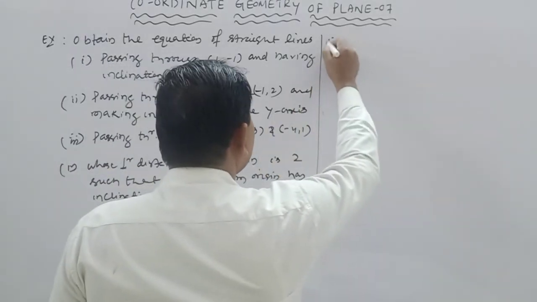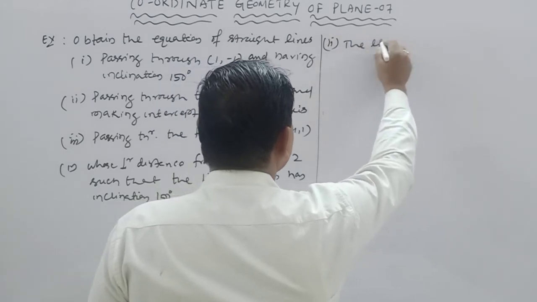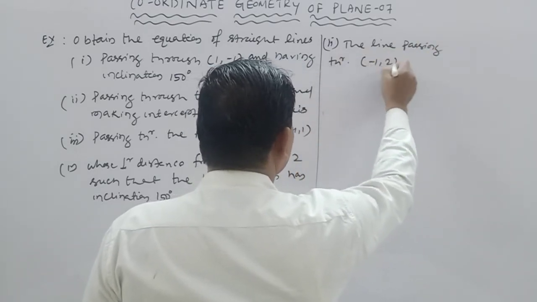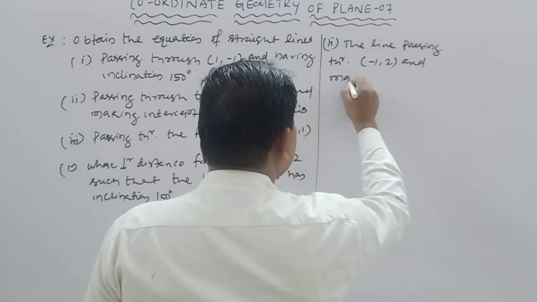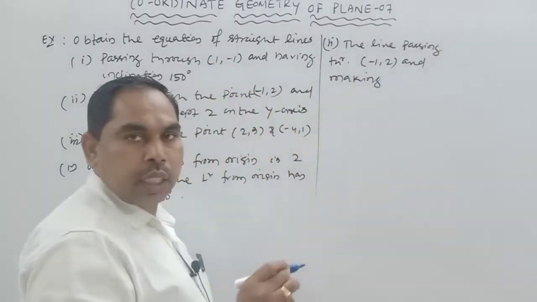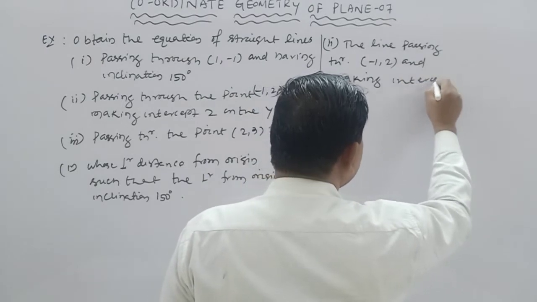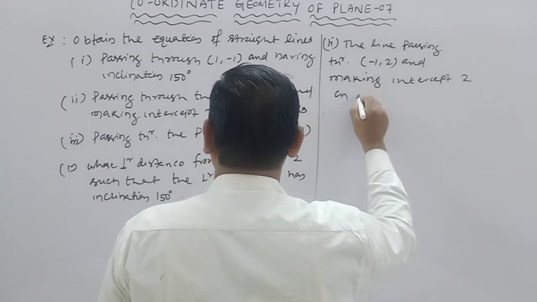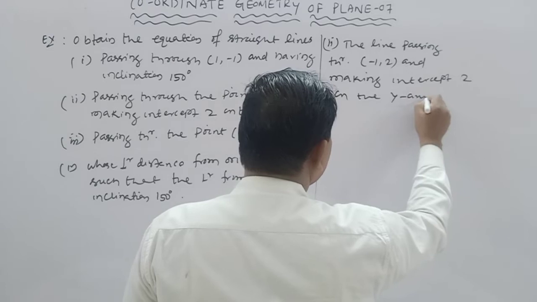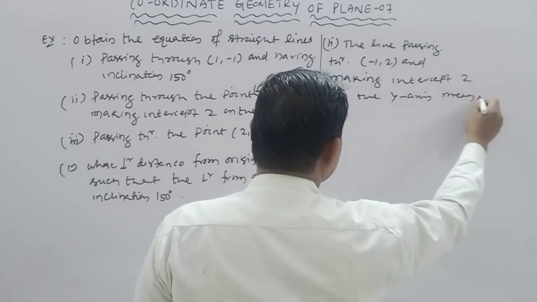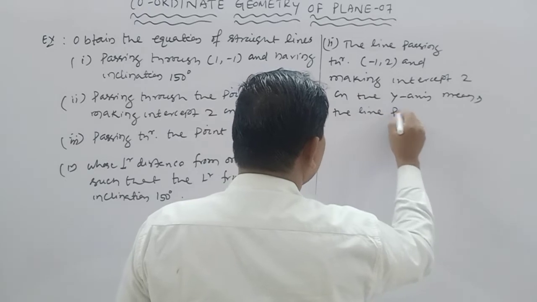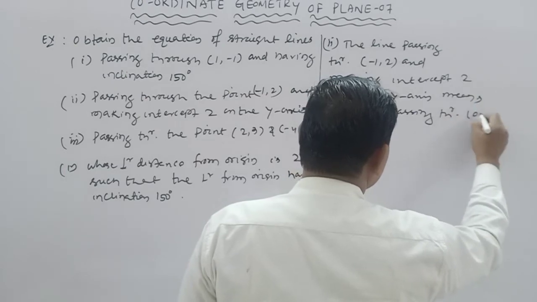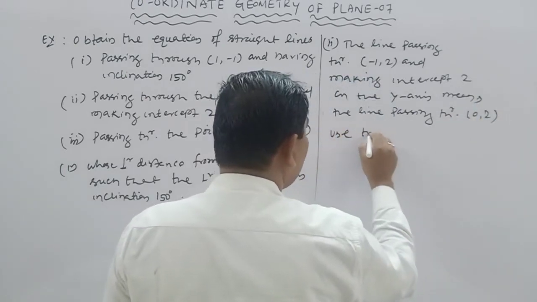So the line passes through two points, minus 1 comma 2 and 0 comma 2. So use the two point formula.